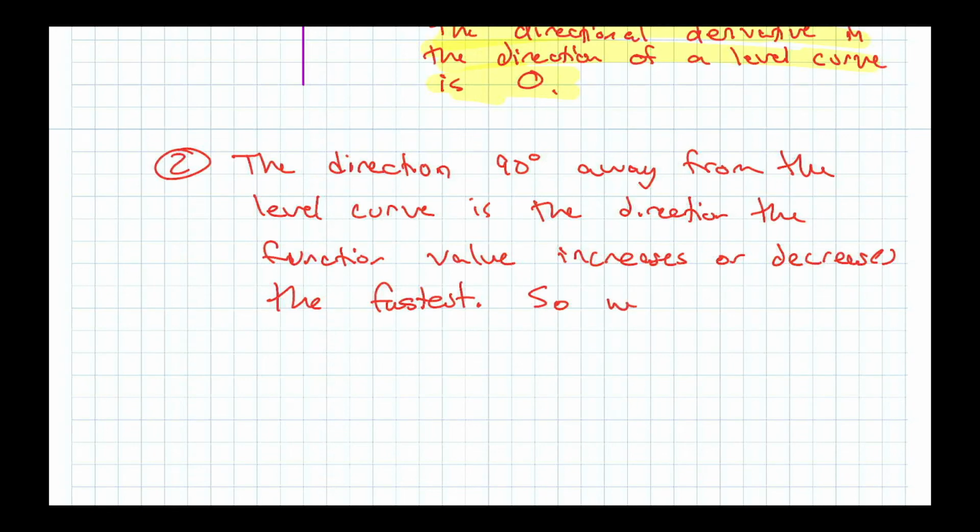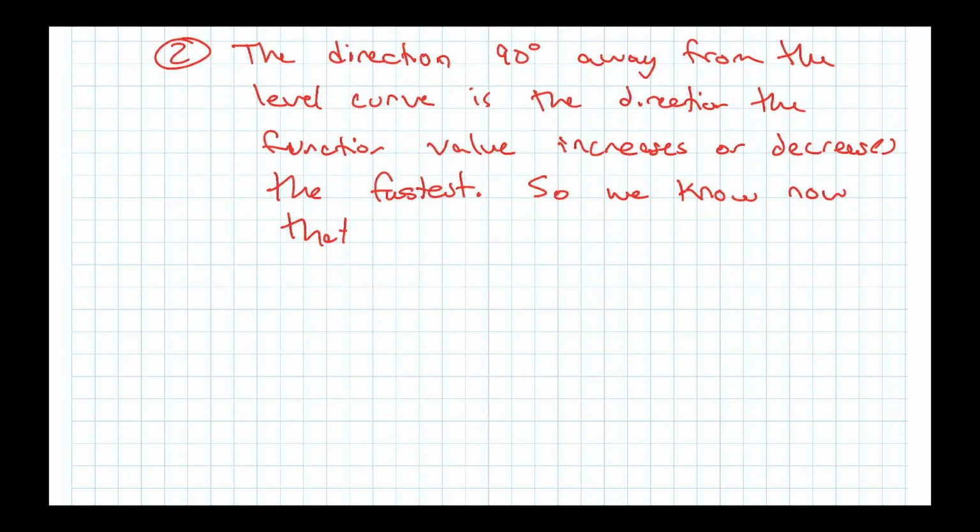So we know now that the level curves are 90 degrees away from the gradient.